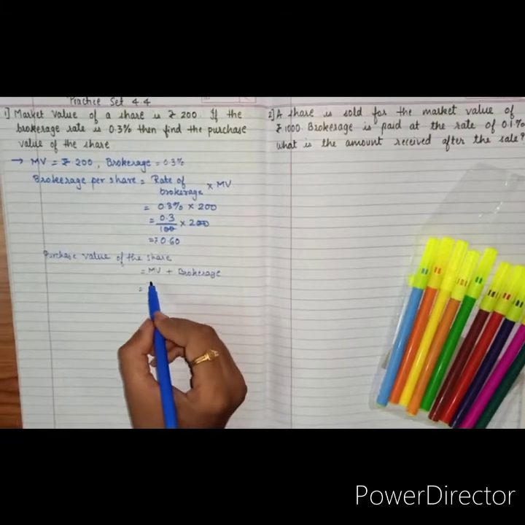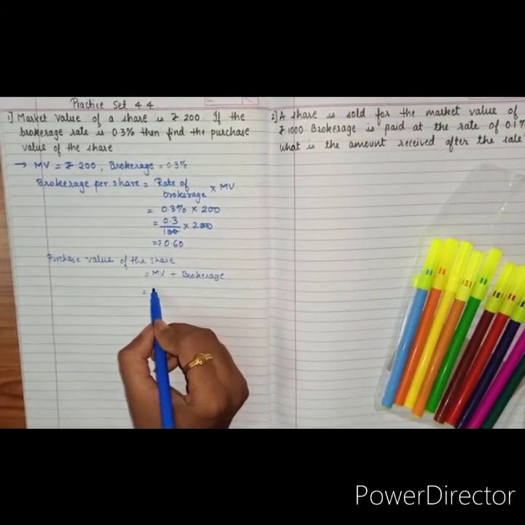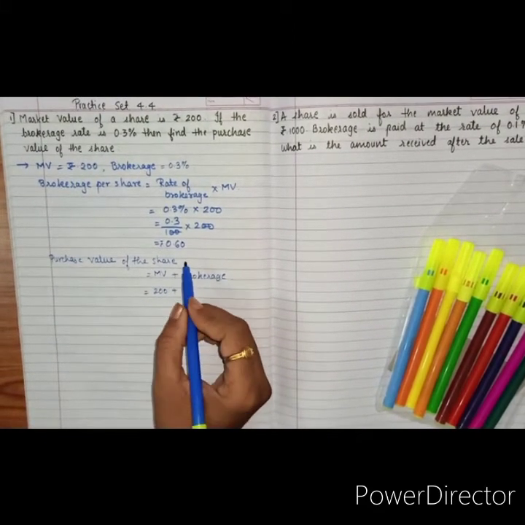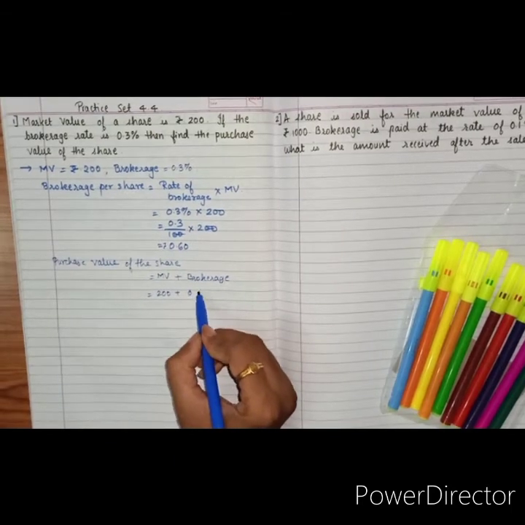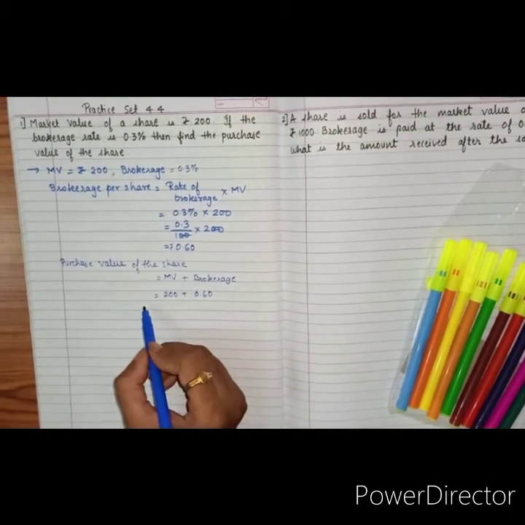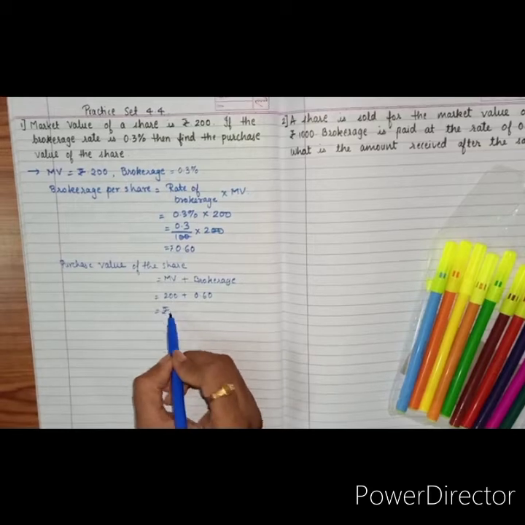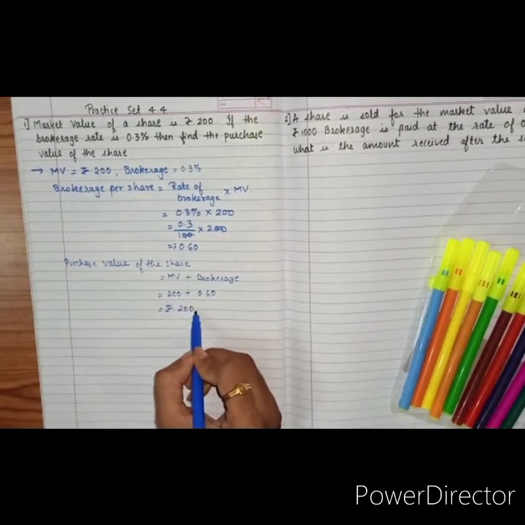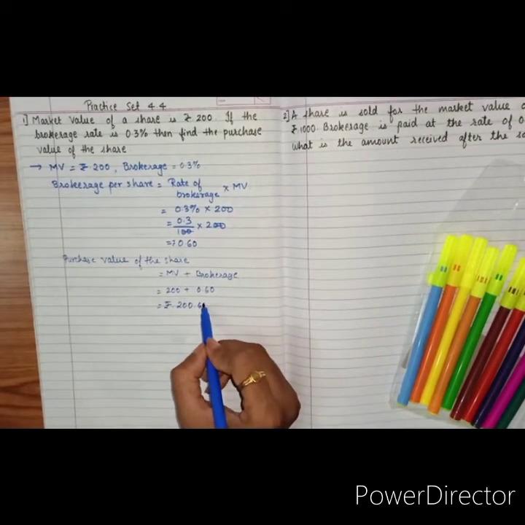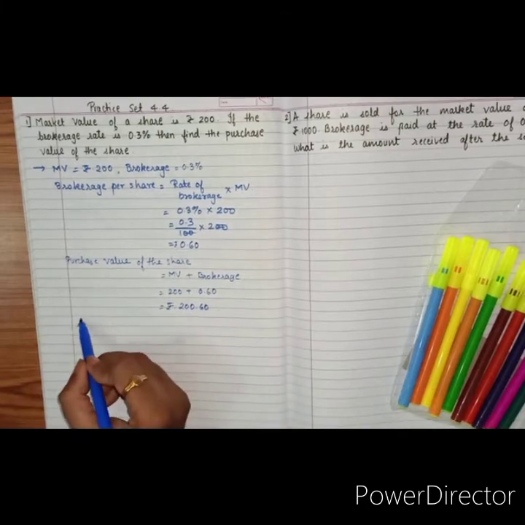Okay, market value is 200 plus brokerage is 0.60. So total purchase value will be 200 rupees and 60 paise. Do not forget to write the answer.